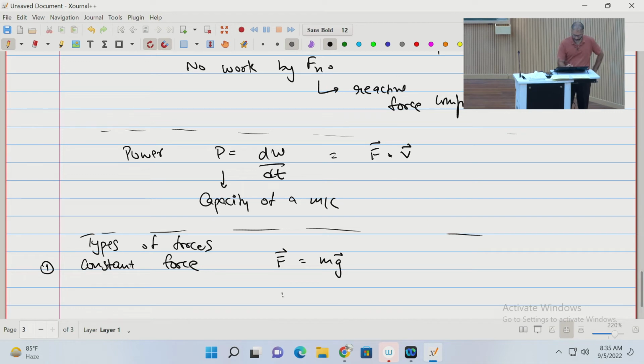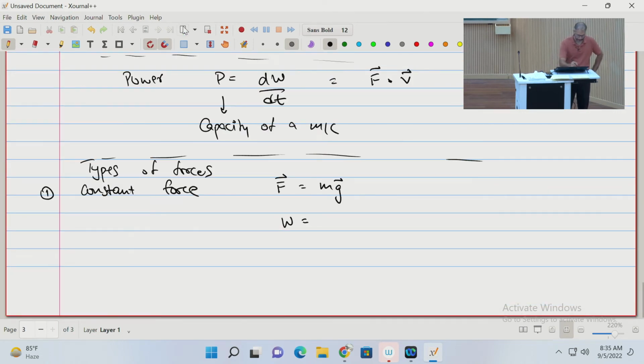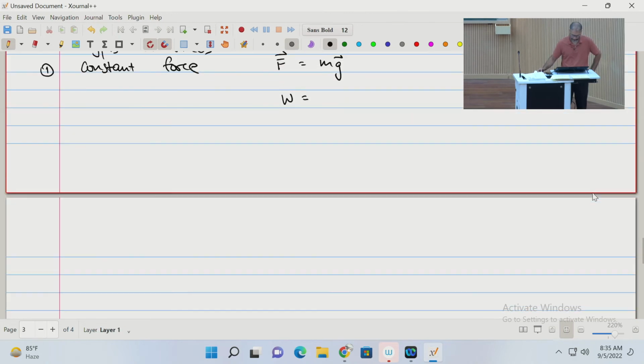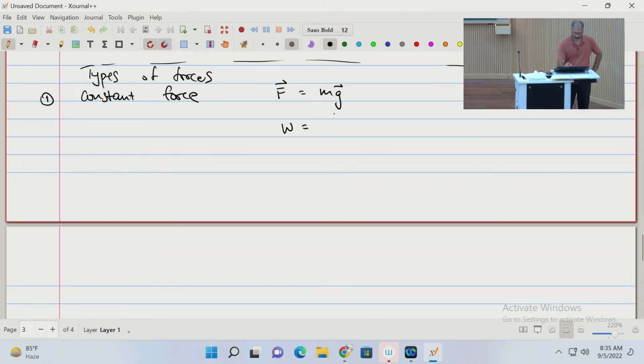So what is the work done in this situation? Let's say that we are working in a two-dimensional system where gravity is acting in the minus y direction.